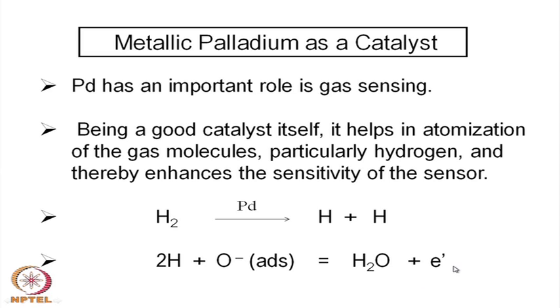Once again, the electron is liberated from the adsorbed surface, and therefore the overall conductivity increases, because the earlier electron is bound, locally bound with the oxygen atom and not available for conduction, whereas this electron is a free electron. Once it is freed from the oxygen site, by applying an electric field it can move, and therefore one can enhance the conductivity.